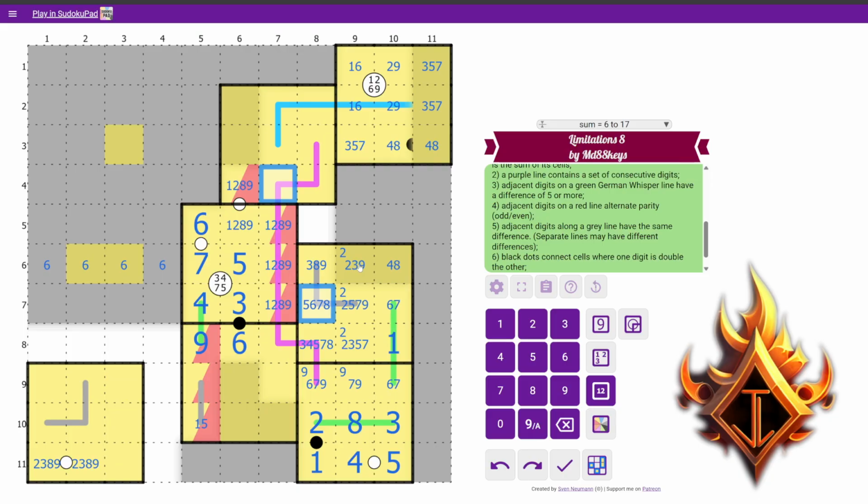So we would have 2 here, 7 here, 6 there, 9 there, 7 there, this would be 5, 7, 8, I think.